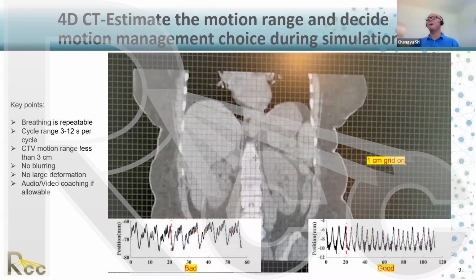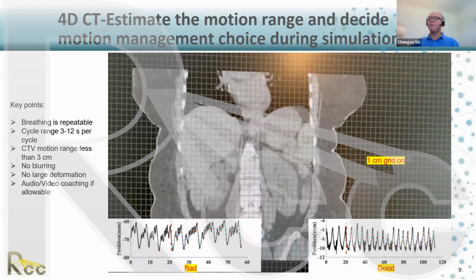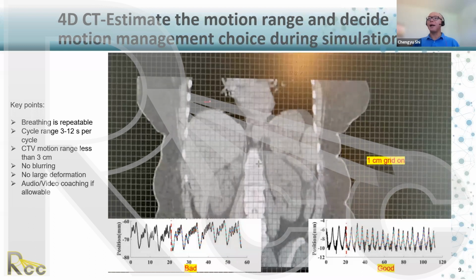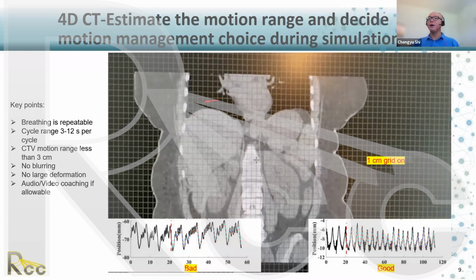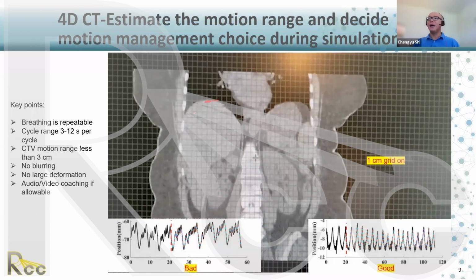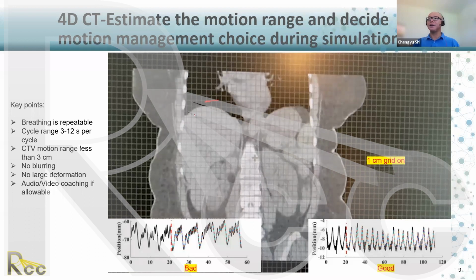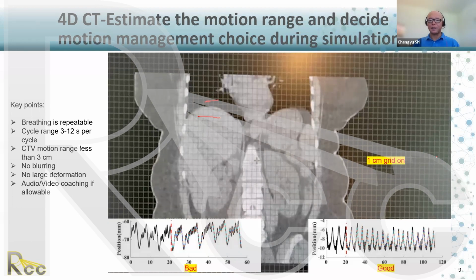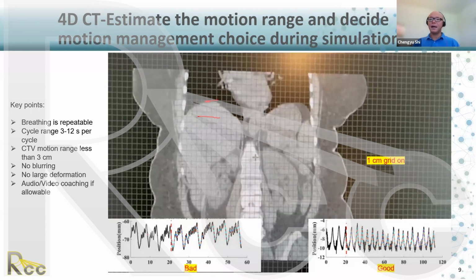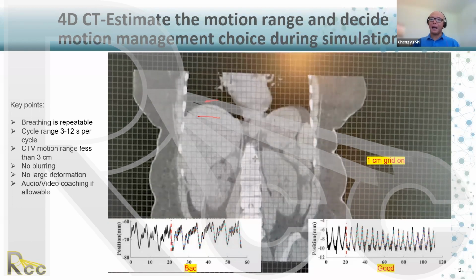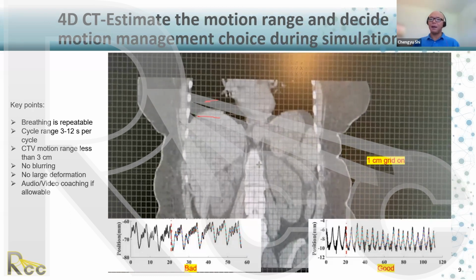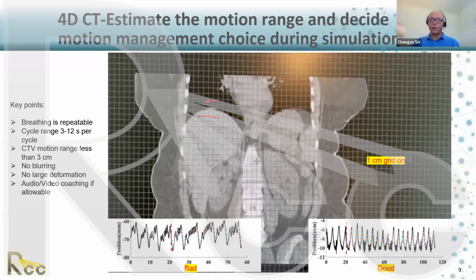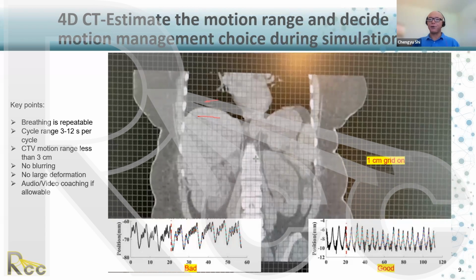This is a 1 centimeter grid, so that I can monitor and estimate the patient motion range. For this patient, not only can you see the artifact, but the range is at least about 2 centimeters based on the grid. Certain patients have what we call bad breathing, because there's a lot of vibration during this period of time.